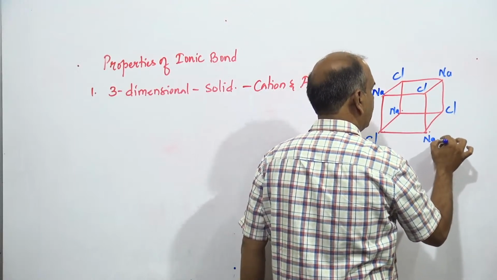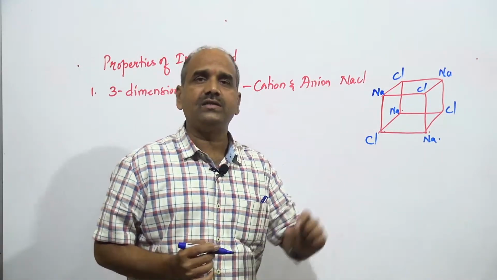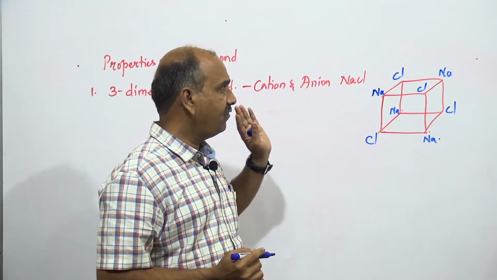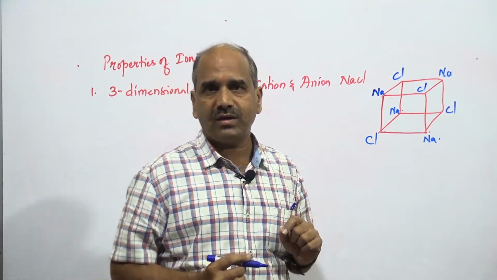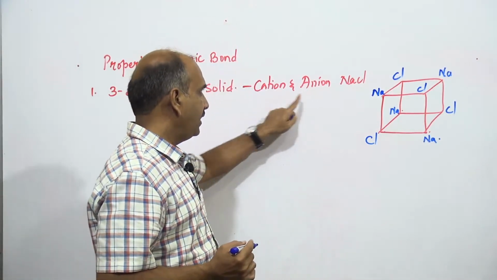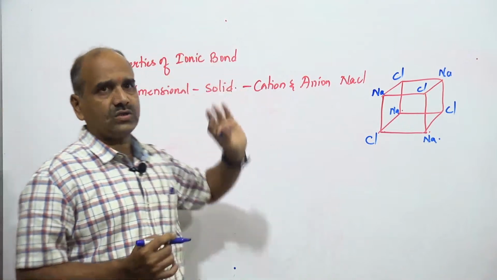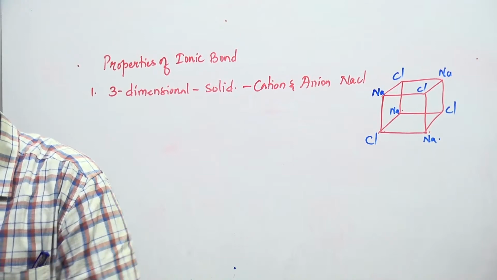Like this alternately in one crystal, one unit cell we say. So you can observe there are 4 sodium ions and 4 chloride ions present. So cation and anion both are present and it's a three-dimensional thing and it's a solid. So that is the first property of the ionic bond.